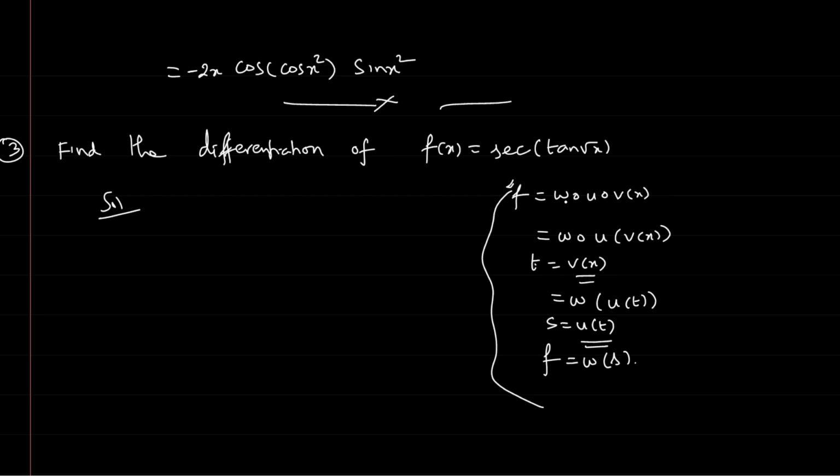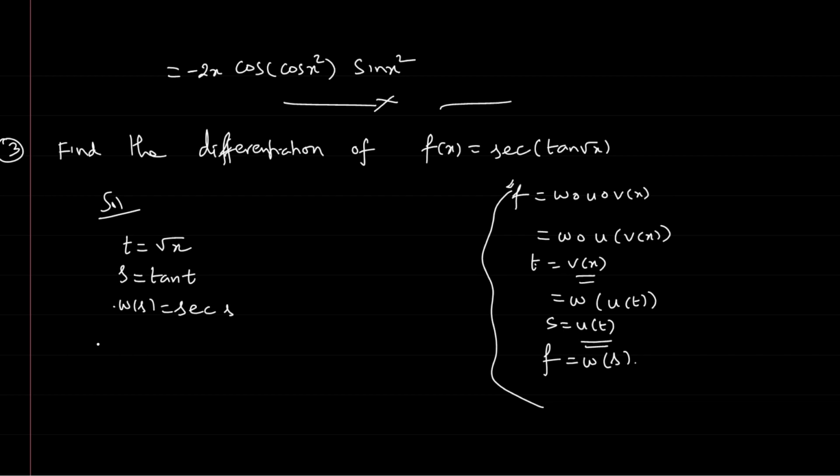Now the same, w composite u composite v of x. Now see here, the innermost function is root x, therefore I am going to write t is equal to root x, and the next outer is s is equal to tan t, and w of s is equal to secant of s.